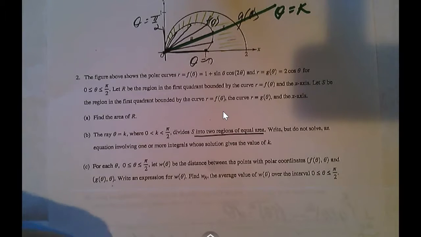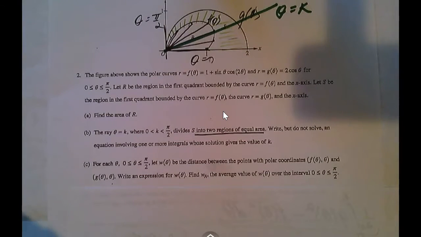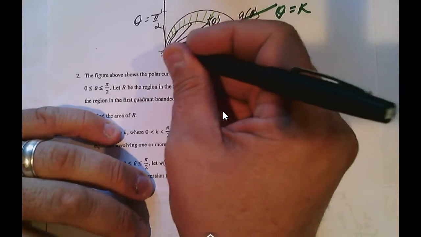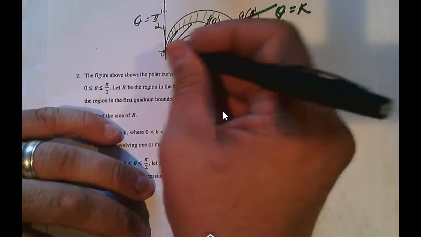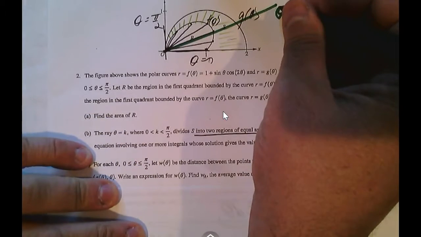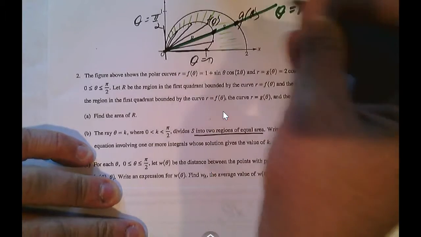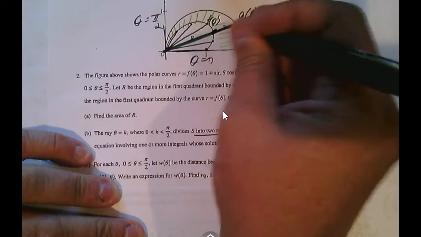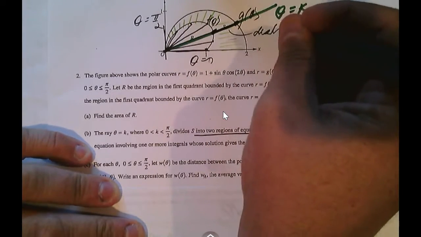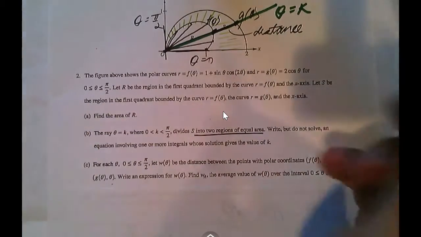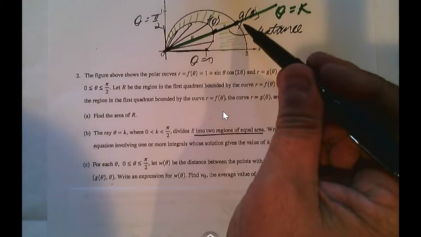But okay, well, distance between points. And here's where you need to think a little bit differently because you're in polar. If I wanted to find the distance for a fixed angle, let's say this guy right here, theta, I need to know this point, and I need to know this point, and I need to know the distance between them. Well, how do you find the distance between them? You might be thinking, well, let's use a distance formula.